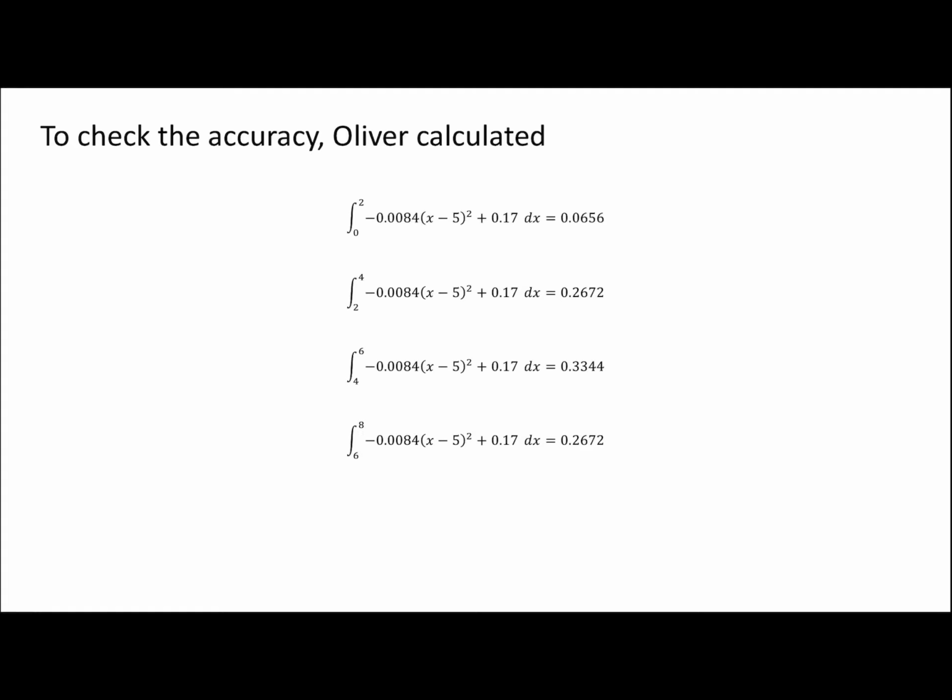Okay, so to check the accuracy, Oliver calculated the area under this curve for each class interval, like from 0 to 2, 2 to 4, 4 to 6, 6 to 8, and 8 to 10.